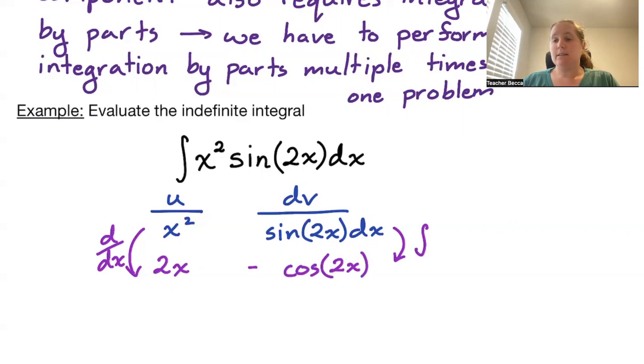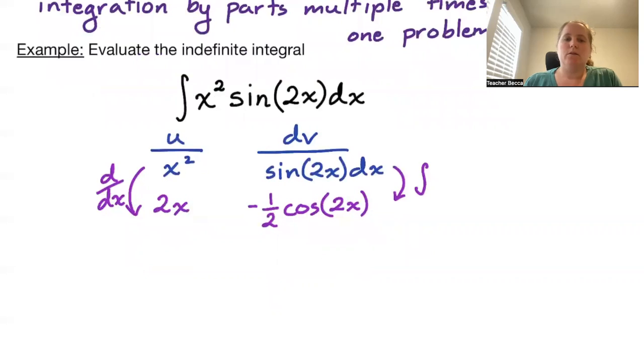That 2x inside will result in us having a negative 1/2 cosine of 2x. As you get used to some of your most basic u substitutions, you will remember your formulas for them. Anytime we have a linear factor inside our function as our u, we just divide by that essentially slope.